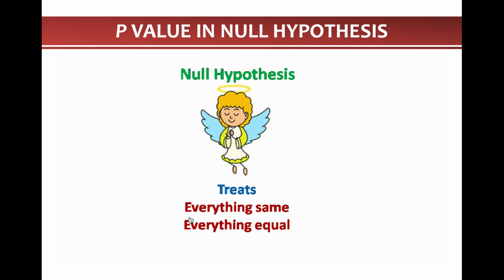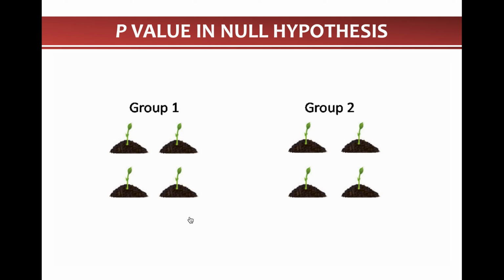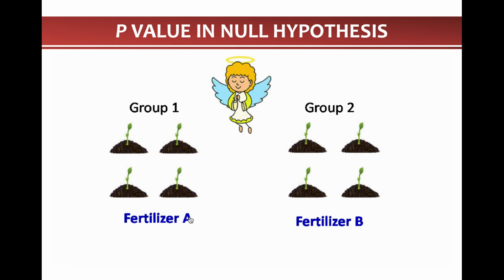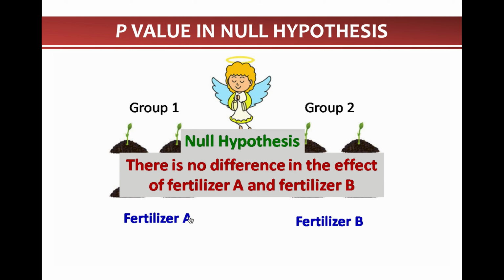The null hypothesis is the hypothesis which treats everything the same, everything equal. Let's take an example where plants are treated with fertilizer A and fertilizer B. The null hypothesis here will be that there's no difference in the effect of fertilizer A and fertilizer B.